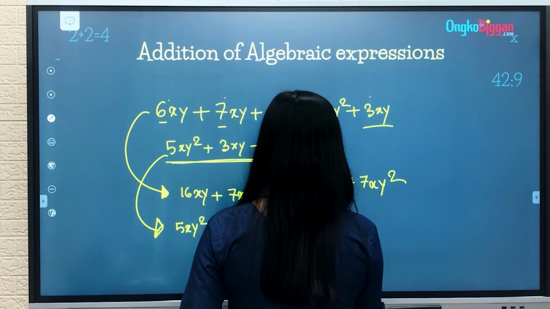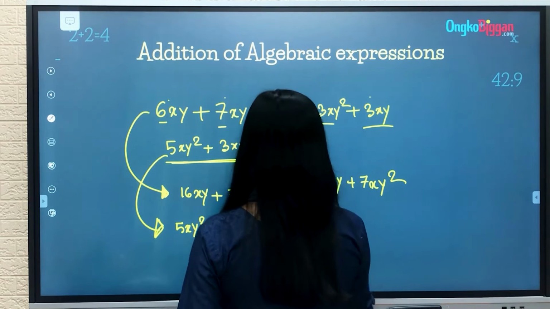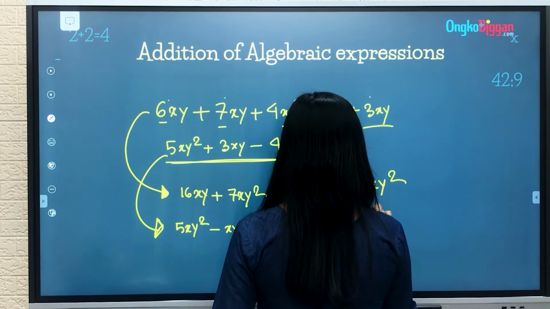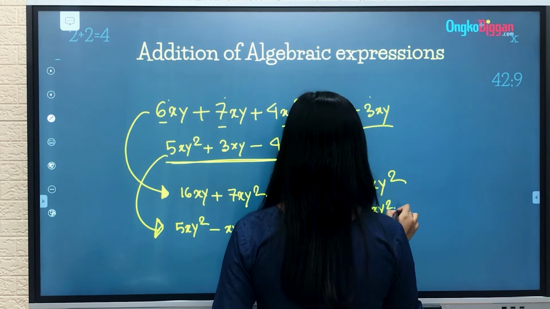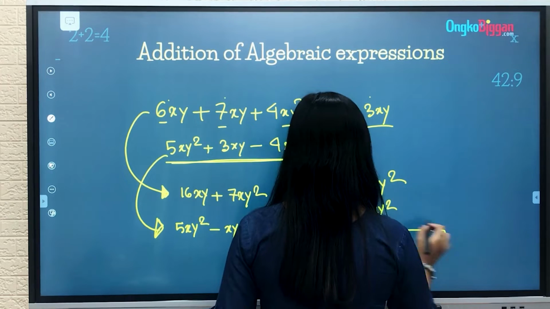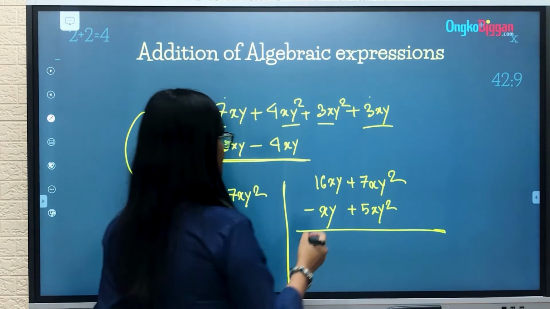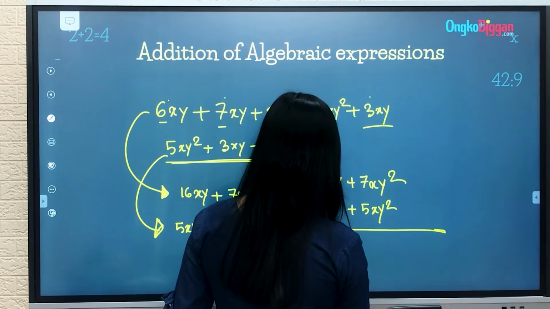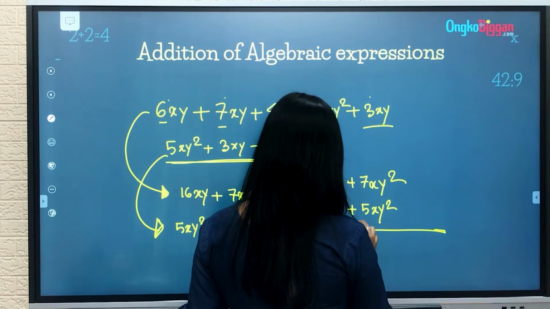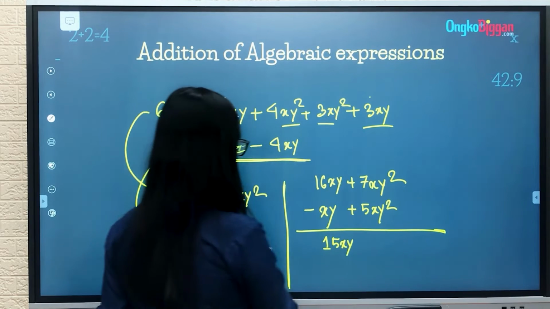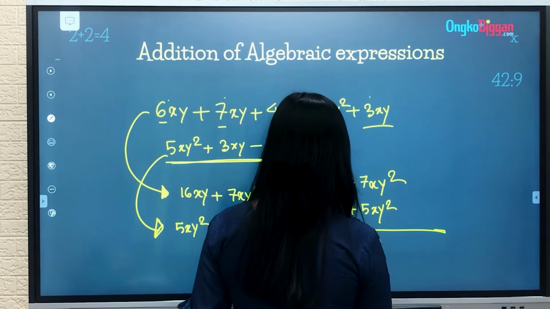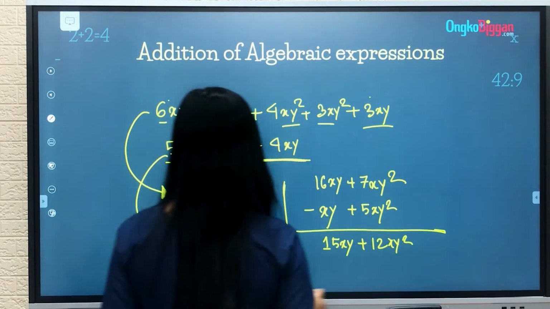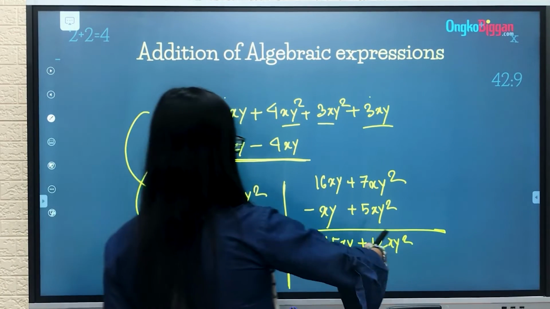Like we have minus xy here, so I am writing it below 16xy and then 5xy squared below 7xy squared. Then I will do a normal addition. So here 16xy minus xy, so it will be 15xy. Then we have 7xy squared plus 5xy squared, so it will be 12xy squared. So I have just added them in this way.